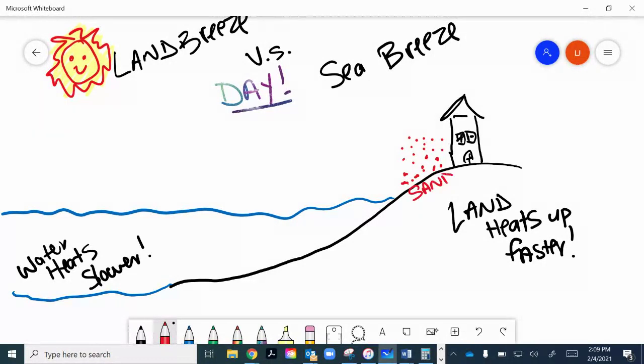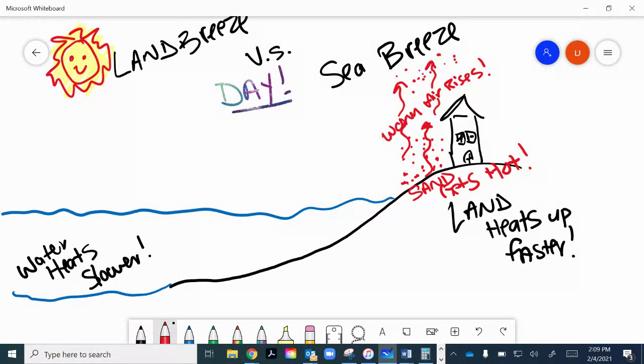So sand gets hot, which causes this air to warm. And we know, just because you guys have seen this before, warm air rises. And so this warm air rises up into the sky like this.